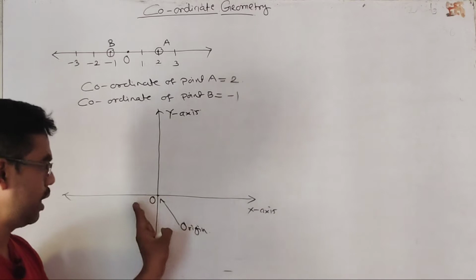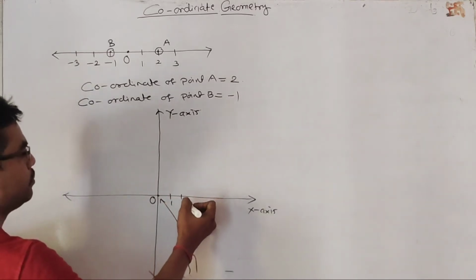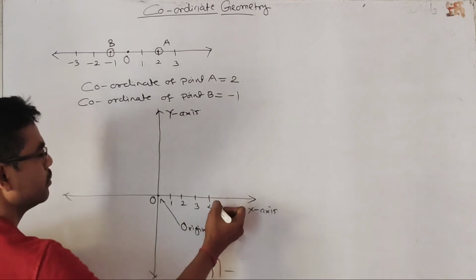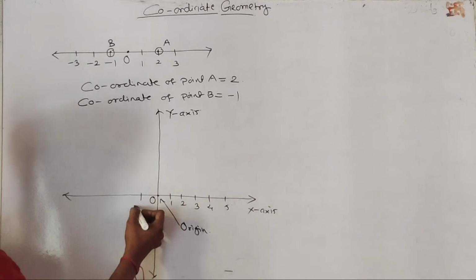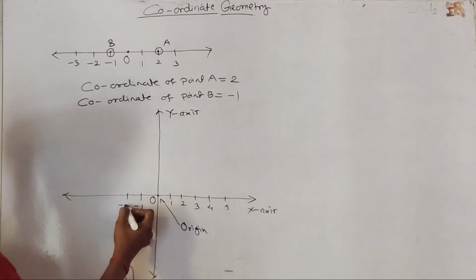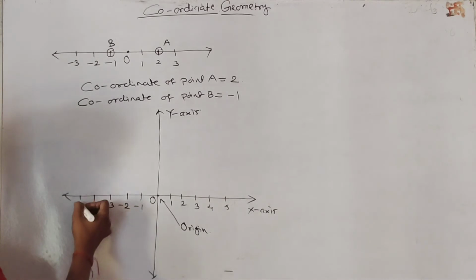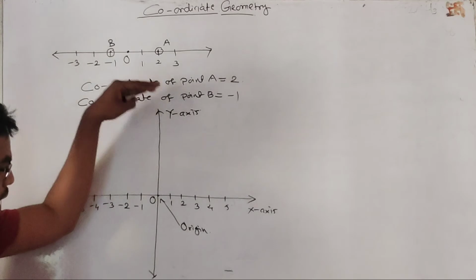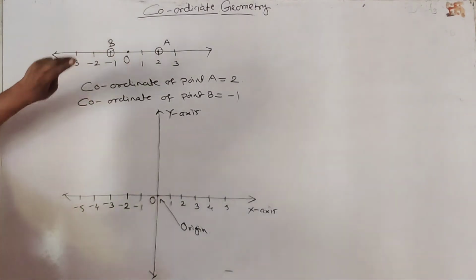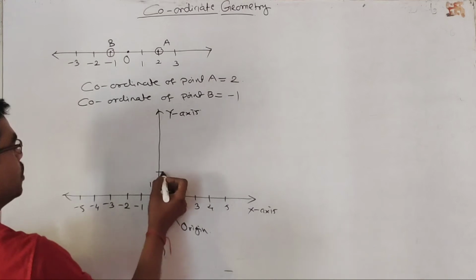Here also the right of the 0 there are positive numbers, and left of the 0 we take negative numbers. And above the x-axis, that is, this is the positive direction of y-axis, we take here positive numbers.